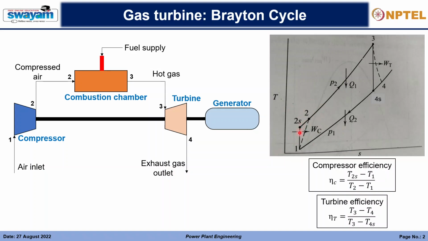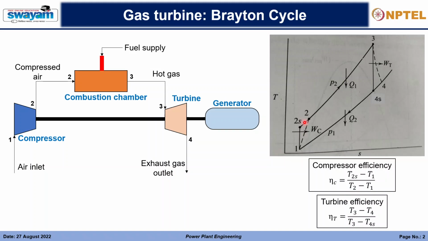Generally the process is isentropic, but due to friction losses and depending on the compressor efficiency, it finally leads to an increase in entropy. It is not isentropic anymore. The process shifts from 2s to 2, and the difference between 2 and 1, the work done in the compressor, is increasing.